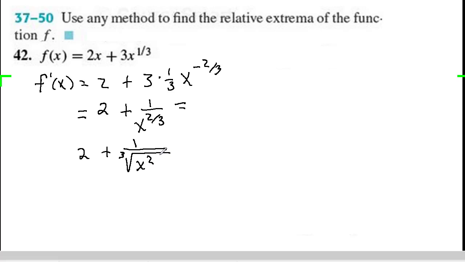First, we could see that this function by inspection is undefined when x is 0. Next, we can see that because we're squaring, this term will always be positive. And so then because we're adding 2, the whole thing will never be 0. A positive number plus 2 can't make 0. And so then the only critical number is at 0.